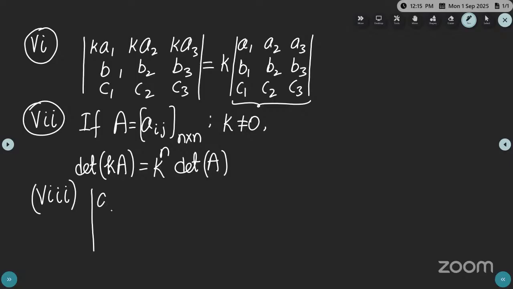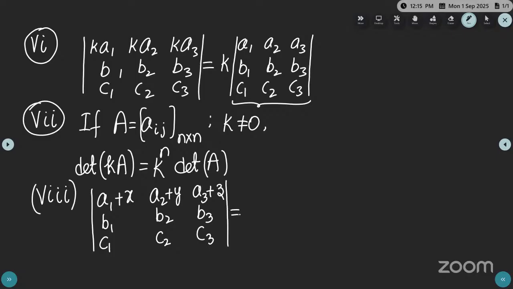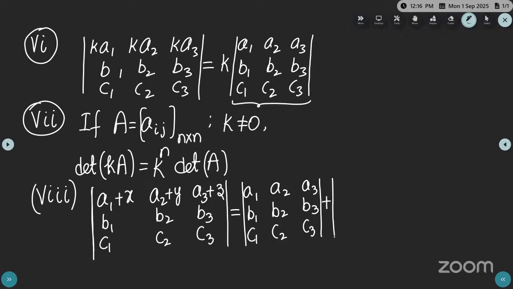For example, determinant a1 plus x, a2 plus y, a3 plus z, b1 b2 b3, c1 c2 c3 is equal to determinant a1 a2 a3, b1 b2 b3, c1 c2 c3 plus determinant x y z, b1 b2 b3, c1 c2 c3.